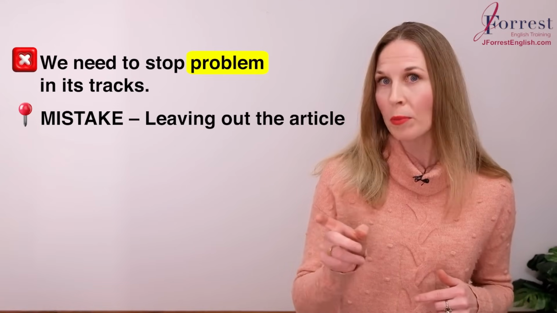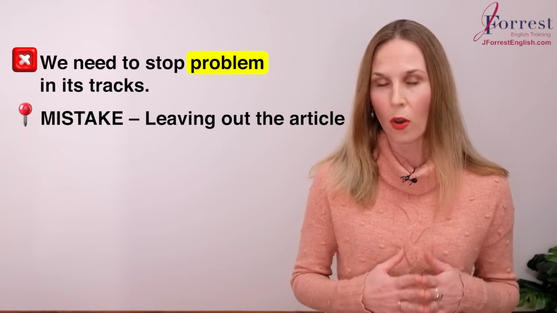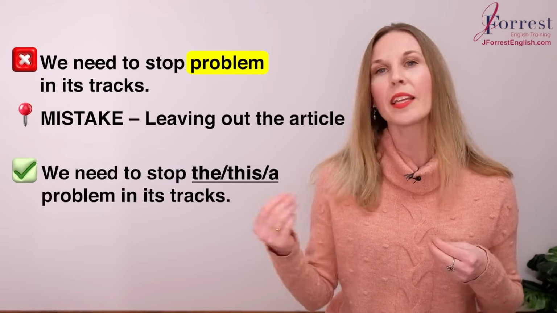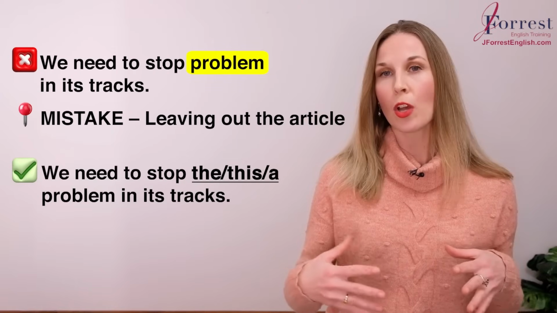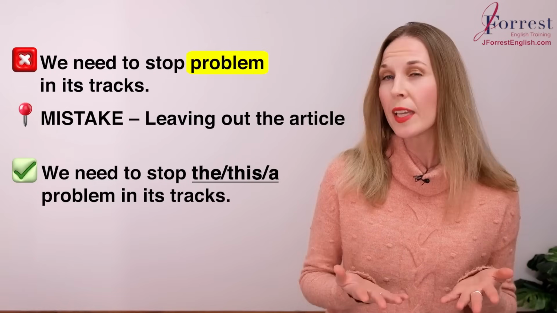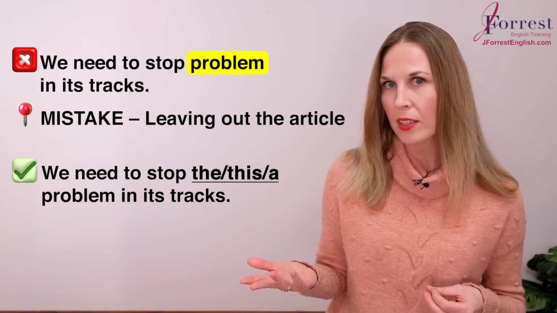So here, problem is a singular countable noun, so it needs an article. We need to stop the problem in its tracks. Now, you could also say we need to stop this problem in its tracks. You could even say we need to stop a problem in its tracks.